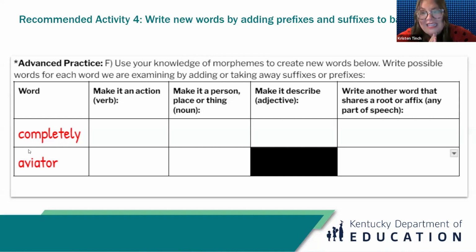Okay, moving on to the last column, write another word that shares a root or an affix, any part of speech. So students could play with com, they could play with eat, they could play with ly. Seeing great examples in the chat: replete, comply, complain, compare. Again, you could see that a lot of our advanced students would love this.